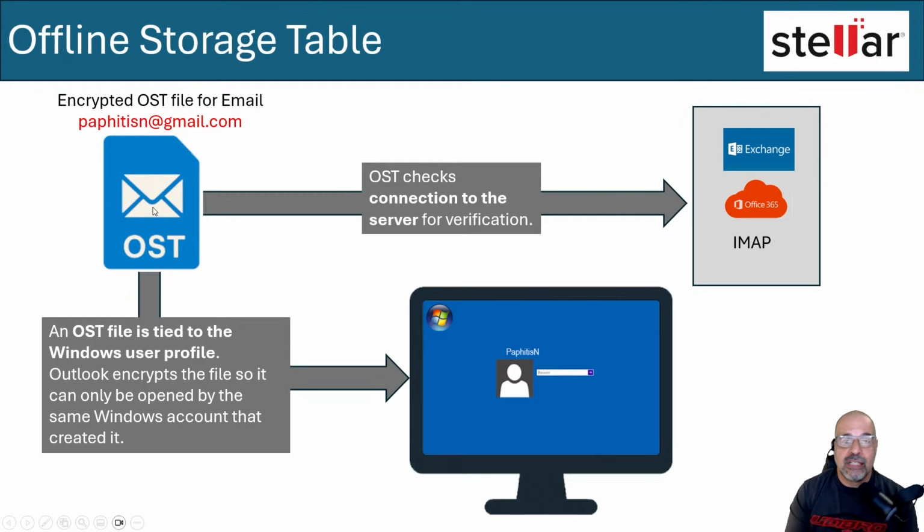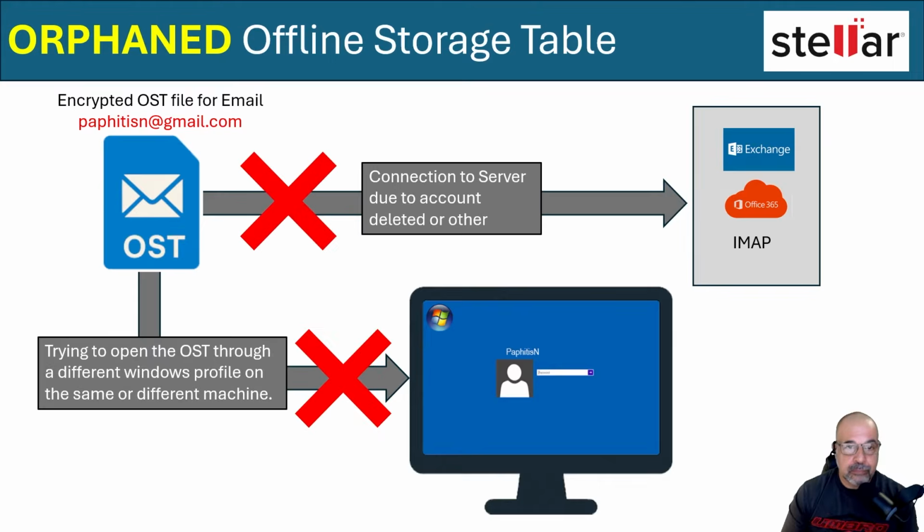So if this is a 365 account, it will have to have access to the Office 365 servers to authenticate my username and password. If any of these are not true or cannot be established, in other words, I try to use a different Windows profile to open an OST, it's not going to work. And that takes us to the next stage.